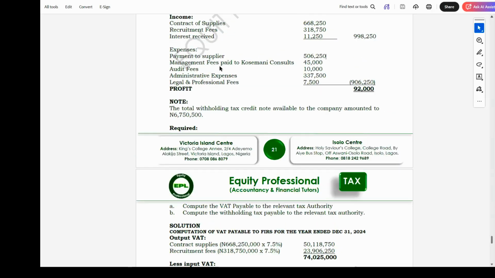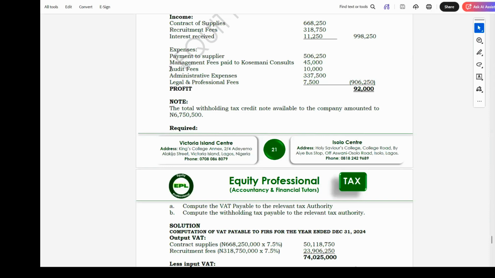We now have management fee paid to Koshe Money Consult. What type of expenditure is this? It is indirect, so it's not going to form part of our input VAT.